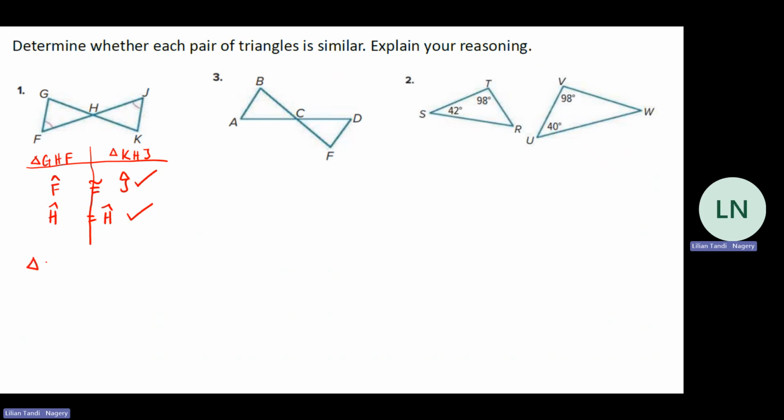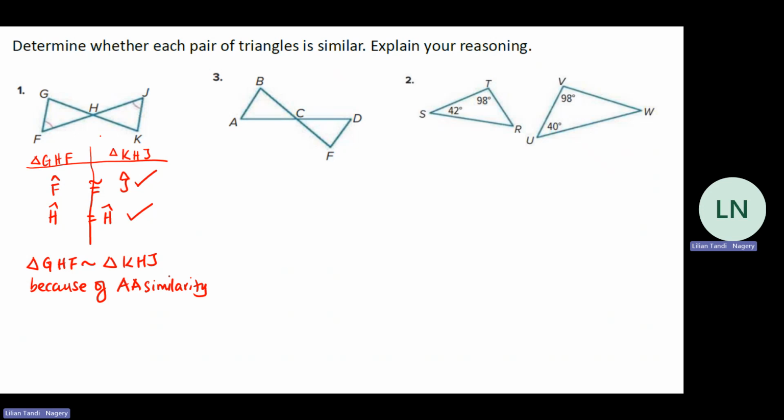Then I will say triangle GHF is similar to triangle KHJ because of a similarity. I must say SAR 2 times. If I say LA 2 times, then the triangles are not similar.